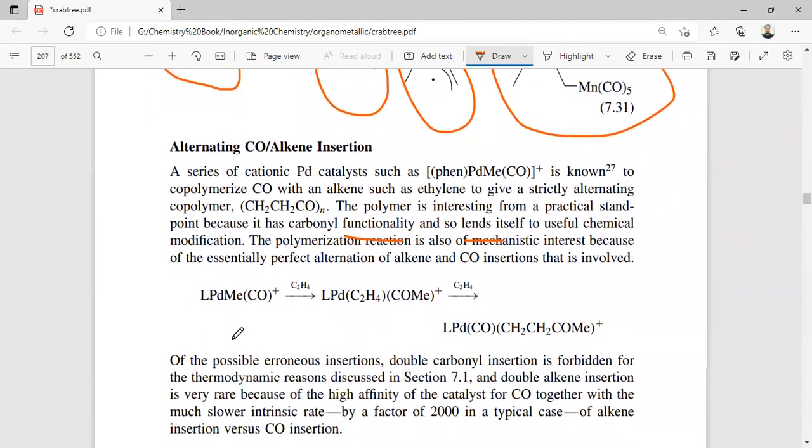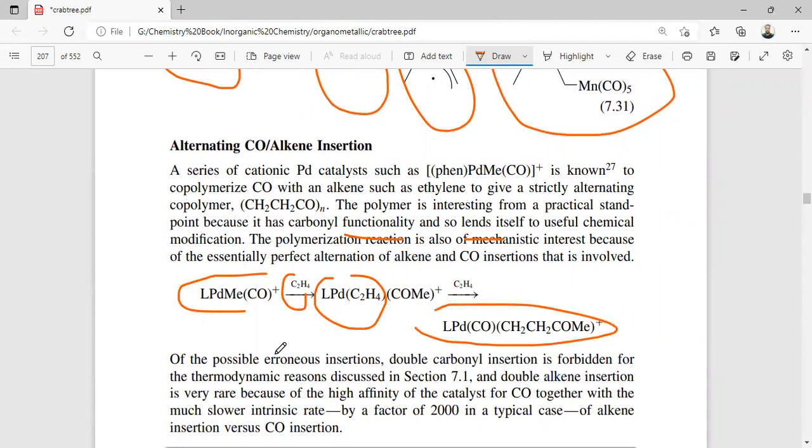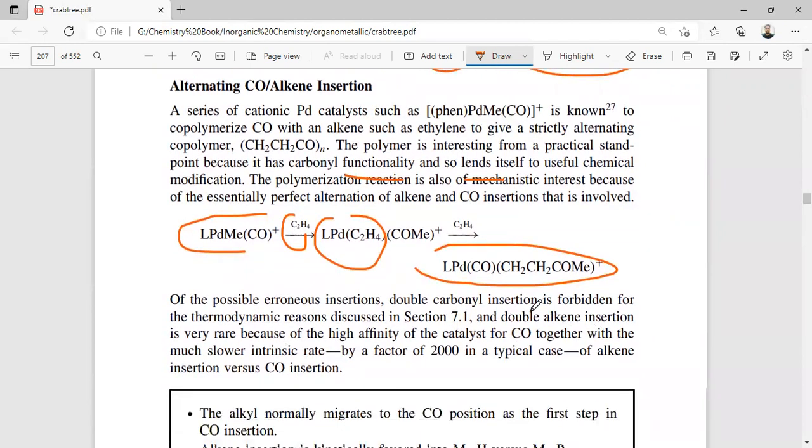So here the palladium, where the ethylene is inserted into the metal, and again copolymerization gives this intermediate. Double CO insertion is forbidden for thermodynamic reasons, and double alkene insertion is very rare because of the high affinity of the catalyst for CO.